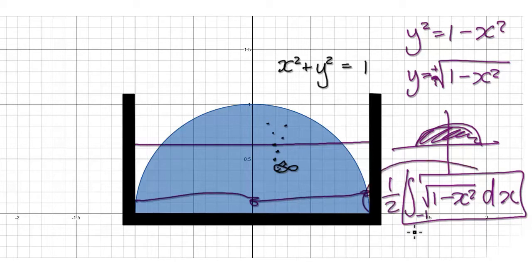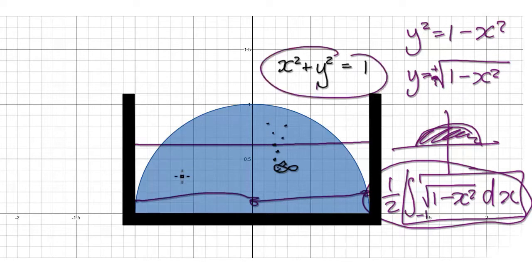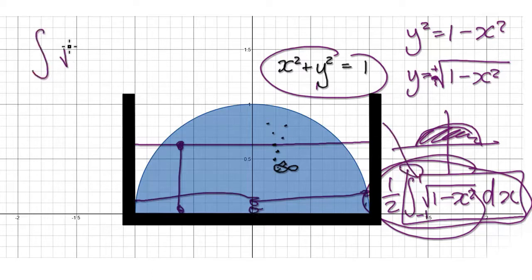So this here would then give you your average height for y, which is where the water will settle. But rather than doing this, it's more efficient to just do it from 0 to 1, and then divide it by the width. The width happens to be 1, so it's going to be like this.